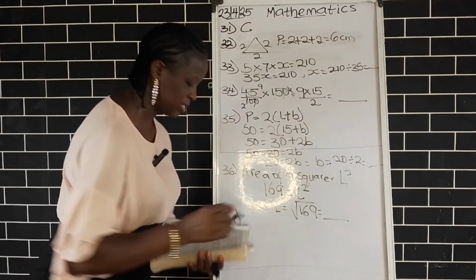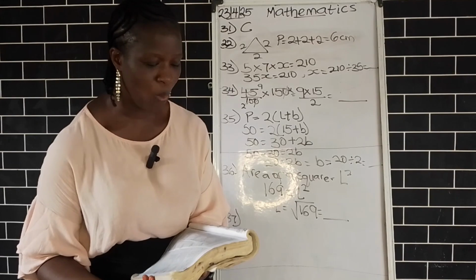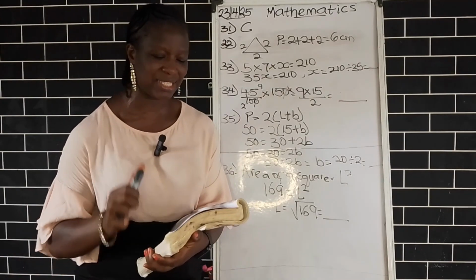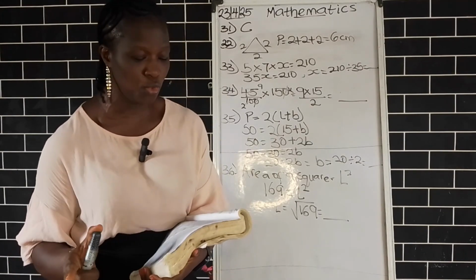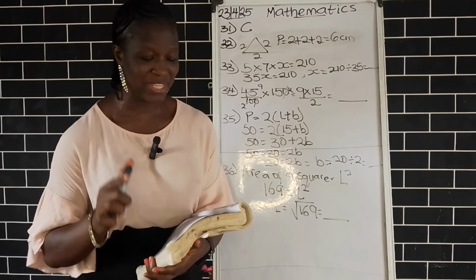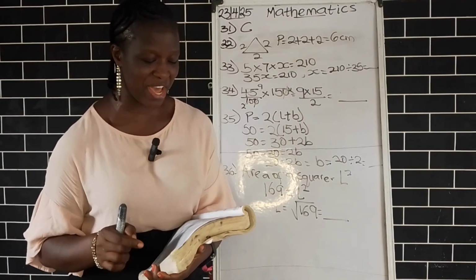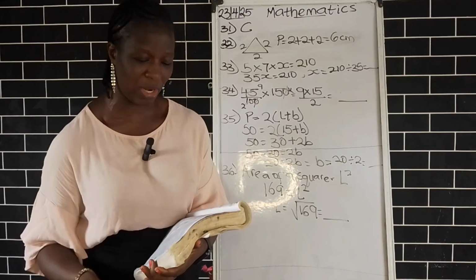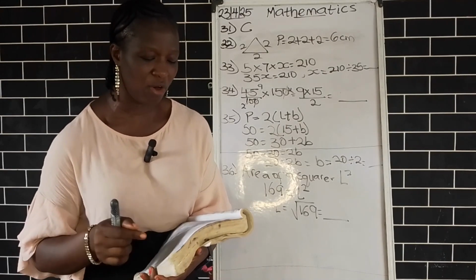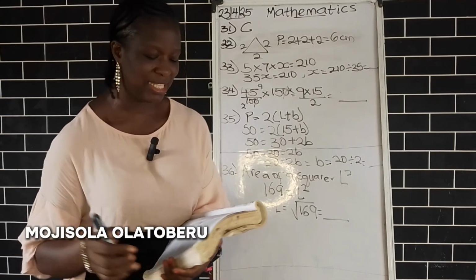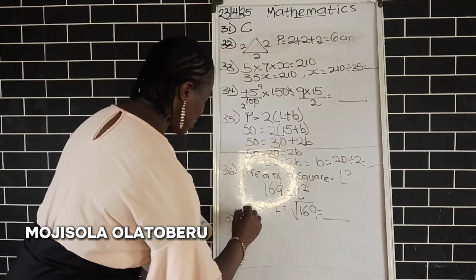Number 37 question says, if 1/6 of 90 oranges goes to Olu, 1/5 of the remaining goes to Lola, what fraction of the oranges is left?